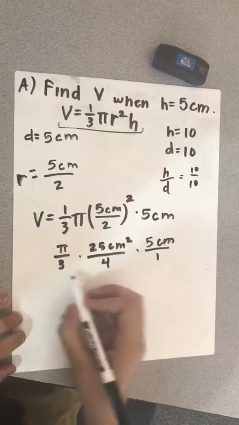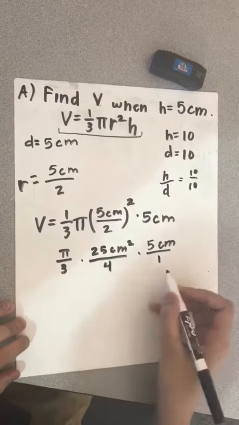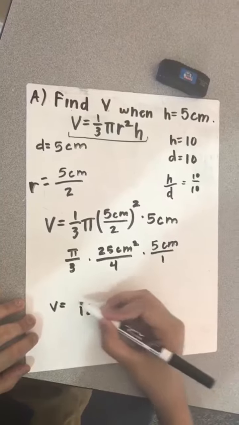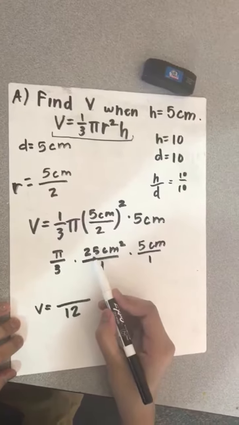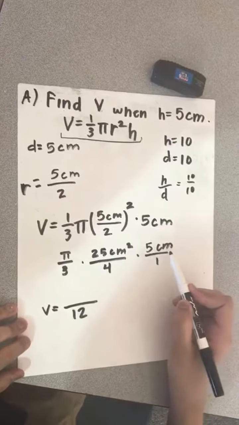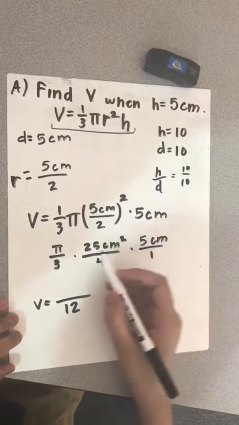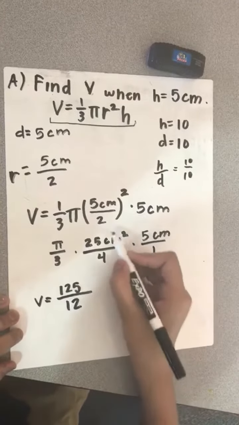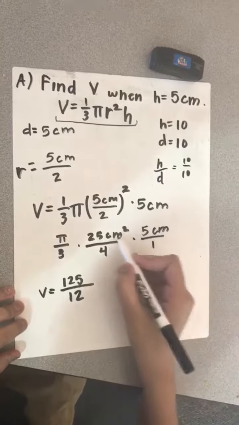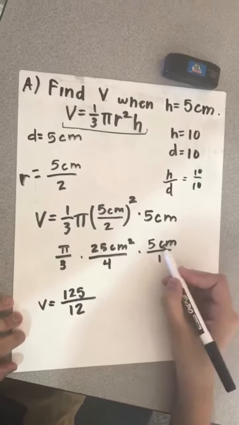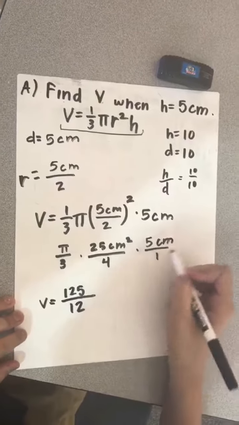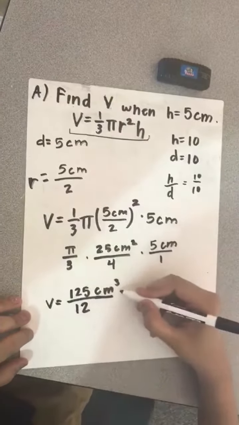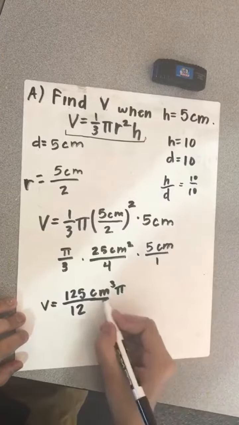So we have our 12 for our denominator, 3 times 4 times 1 is 12. And then we have our 25 centimeters squared times 5, and that's 125. And we cannot forget our units. We have centimeters squared here and centimeters. When we're multiplying centimeters squared with centimeters, we get centimeters cubed, and don't forget our pi. And there you go, there's our volume.